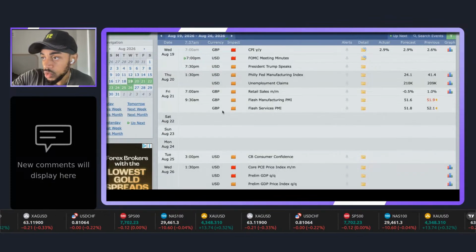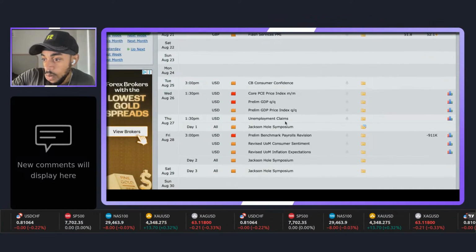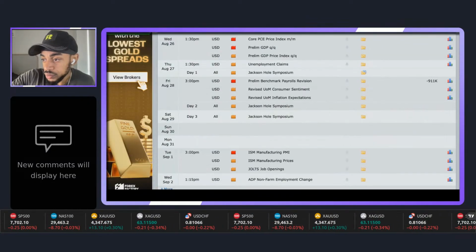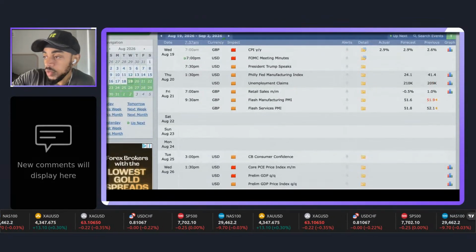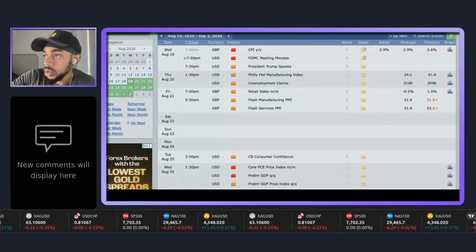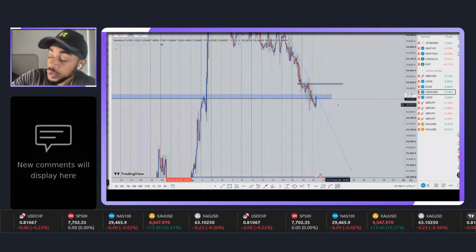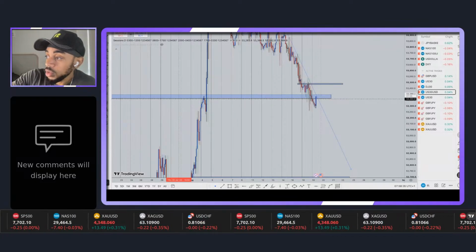We can expect price to do what it has to do and what it needs to do. So let's come back to this. So yeah, US 30 is bullish at the moment, but we just have to wait and see. Literally, we just have to wait and see.